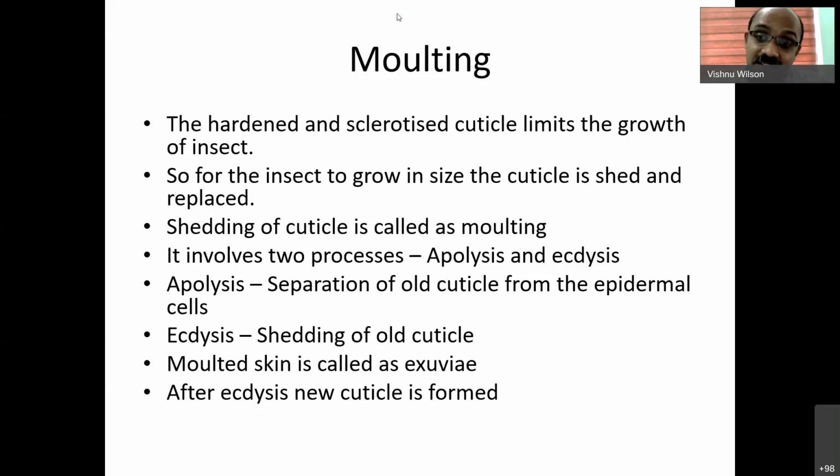And the second stage is the shedding or removal of the old cuticle, that is called ecdysis. And the removed skin, the old skin which is discarded by the insect, is called exuvia. Exuvia.